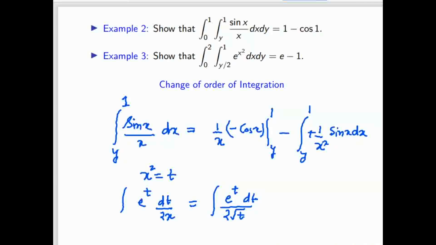The question is how to integrate this. By parts.